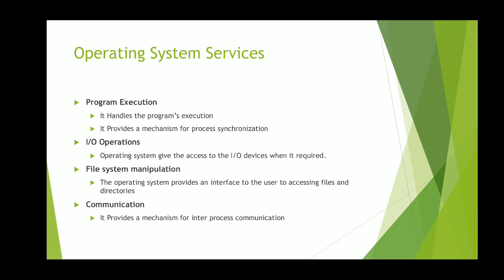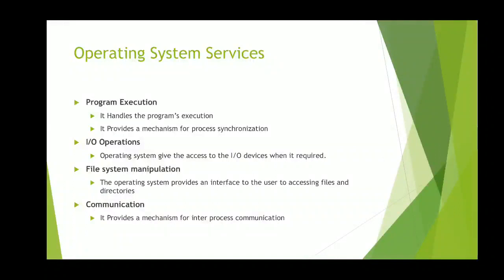The file system manipulation service of the operating system is used to handle these secondary storage devices. It contains functions and APIs for handling these devices, and it provides an interface to the user for accessing files and directories inside the secondary storage devices.